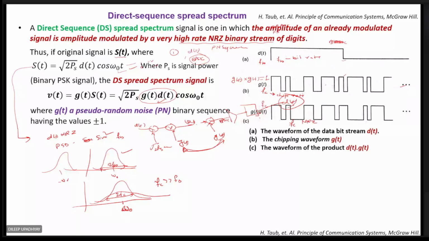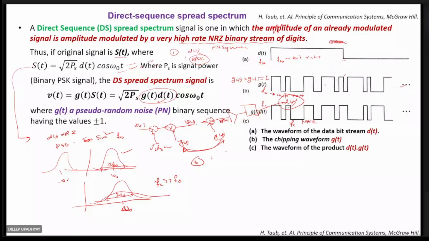And at the same time, as we will see later on, it does not get received by other narrowband receivers like AM receivers and FM receivers, even though we are using the same frequency band, because of the spreading of the spectrum. And the third one we will talk about later on: the bit error rate in this direct sequence spread spectrum.